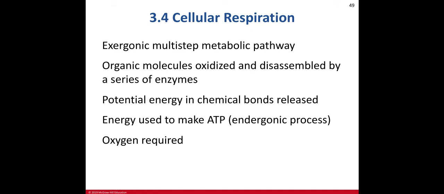If we've got an exergonic metabolic pathway, the organic molecules that are oxidized and broken apart by a series of enzymes, that potential energy that is in those chemical bonds gets released, and that energy makes ATP. But of course, we need oxygen present to do that.